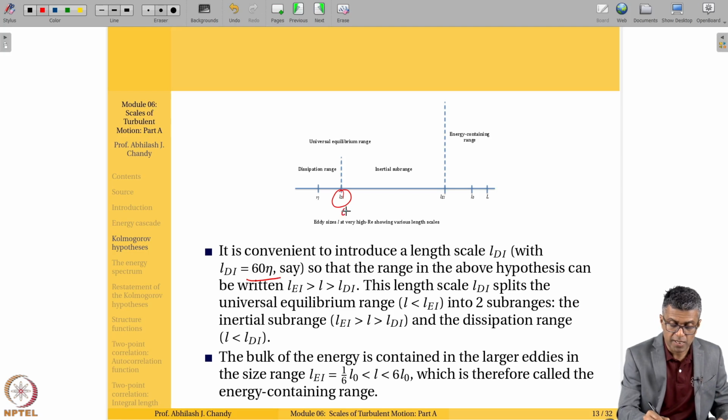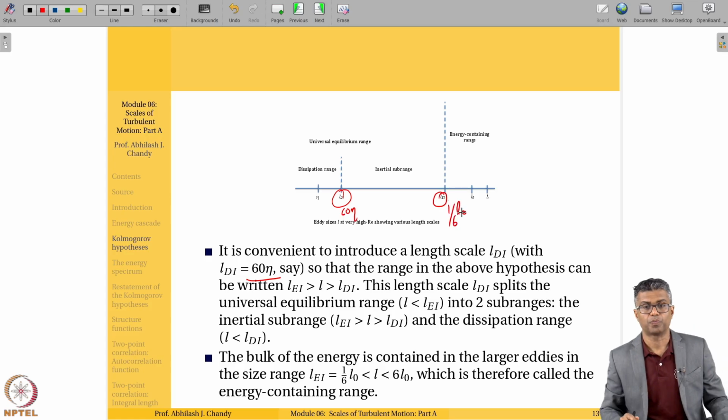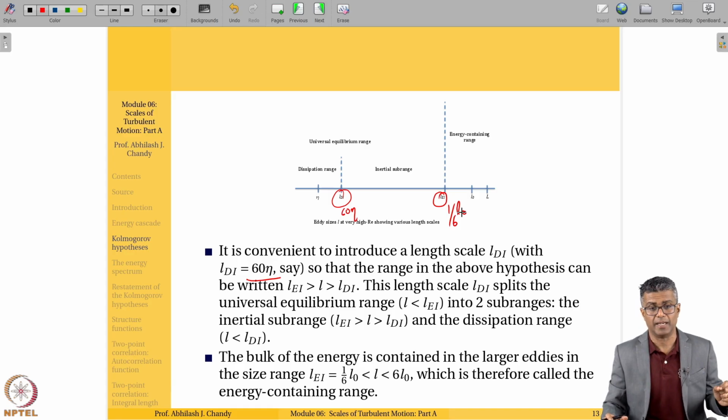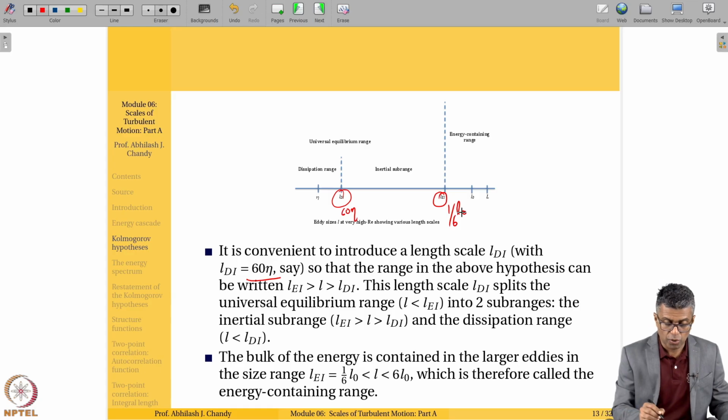So this is 60 eta, isn't it? And we know that LEI is 1/6 L0. So we have this range of length scales between LEI and eta, and let's call the demarcation length scale LDI.